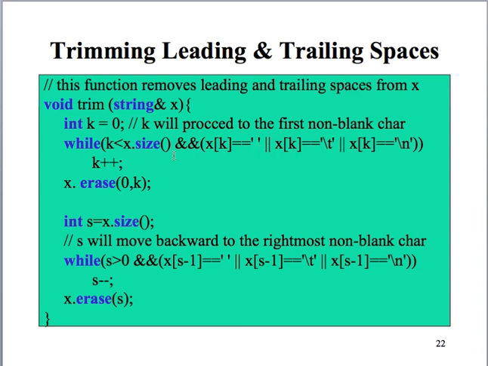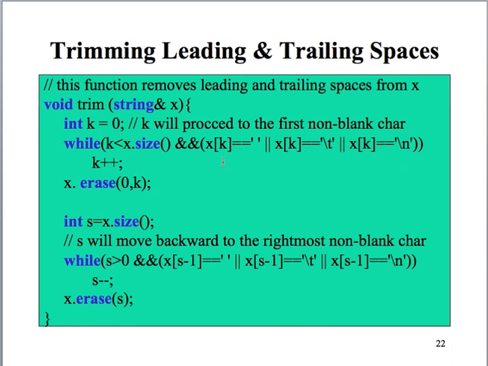Okay, so space, tab, or new line. So while k is less than the end of the string and it's a space, tab, or new line, I'm just going to increment k. That loop's just that one line there. When I'm done, I'm going to erase everything from 0 up to k. So that's the leading spaces.